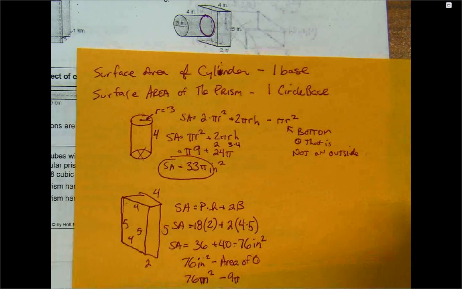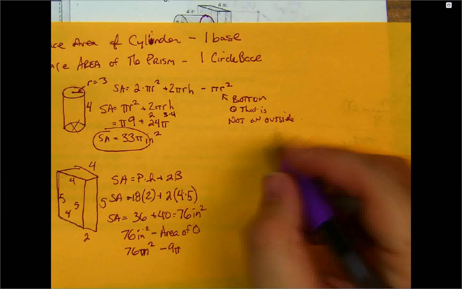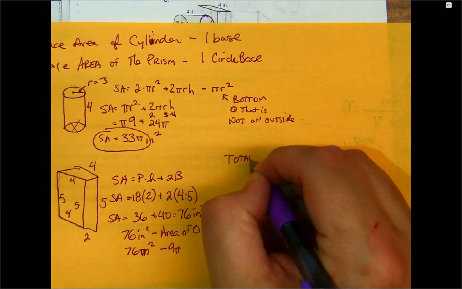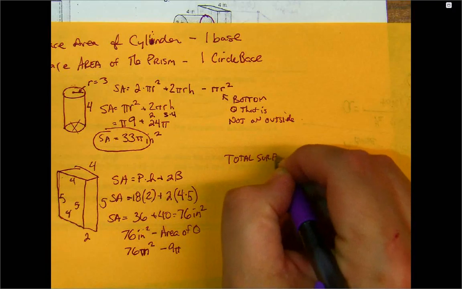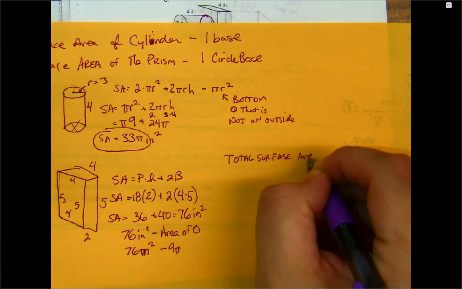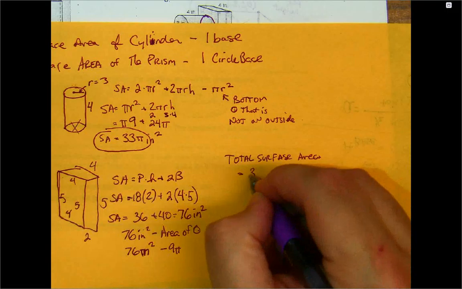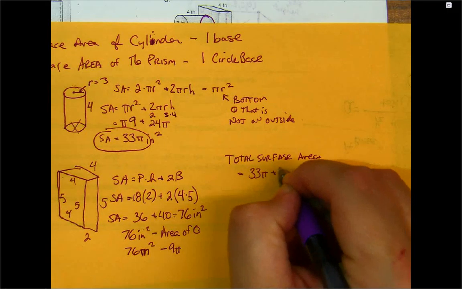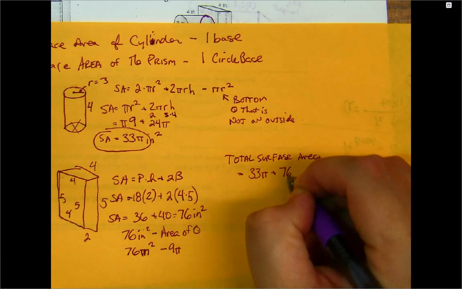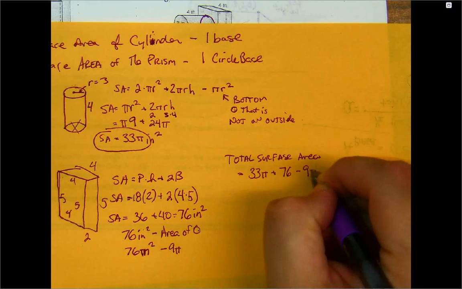So now my total surface area is going to be equal to the 33 pi plus the 76 minus 9 pi inches squared.